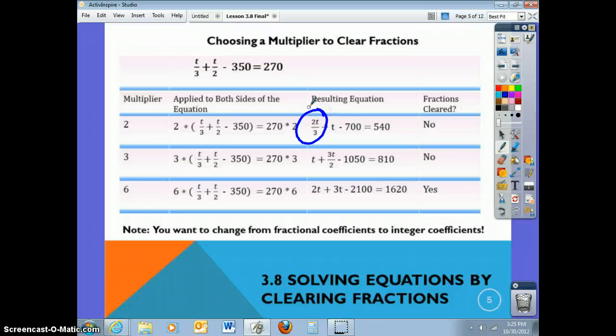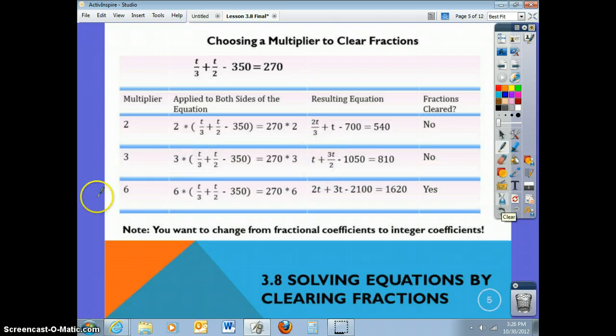You still have a mess there. Similarly, if you choose 3 as your multiplier and multiply both sides, it's going to clear up the messiness on the first fraction and turn it into that pretty little guy. But it's not going to clear up the messiness on the rest of it. As a matter of fact, it probably makes it even messier.